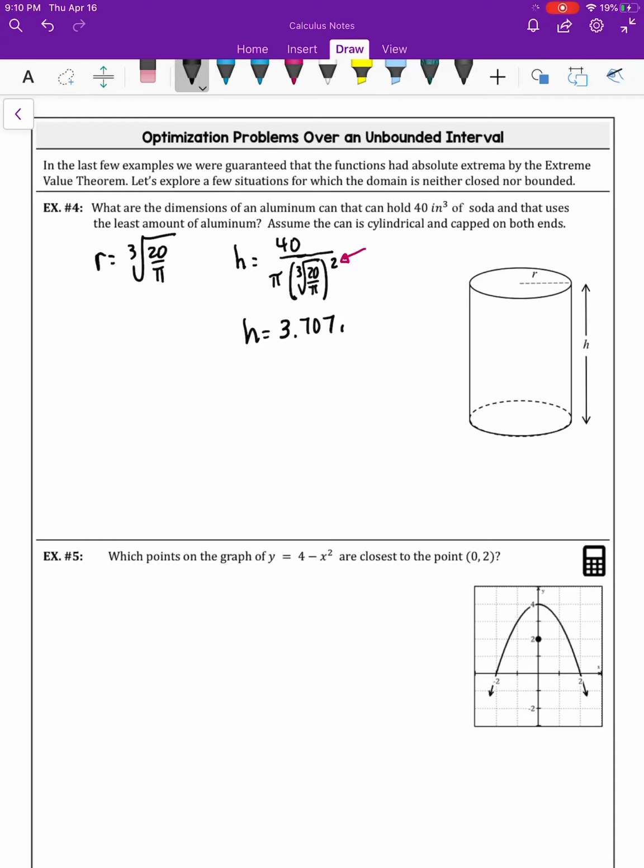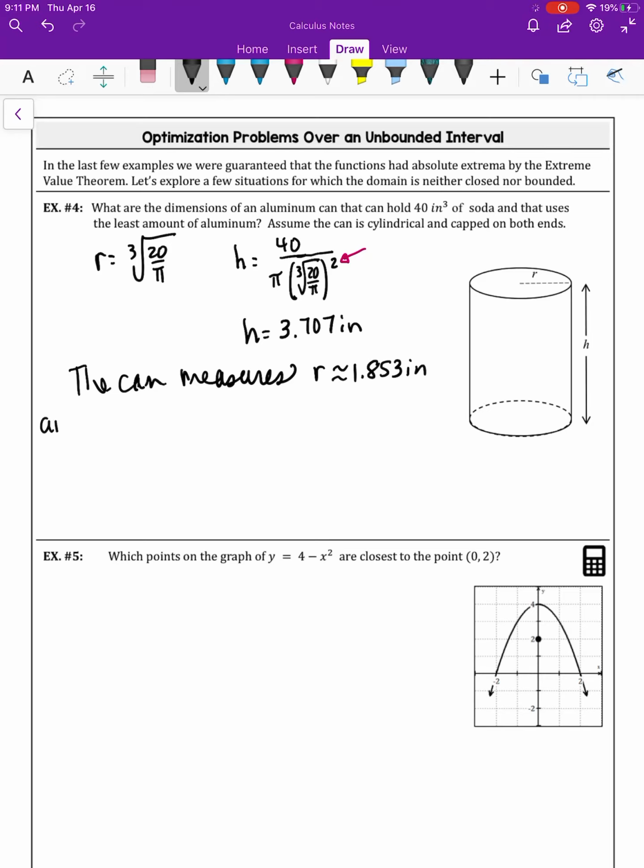On the last one, I forgot to put the square right there. So you might want to go back and fix that. The numbers were right. You still get 3.707 inches for the height. I just didn't write it down for some reason, so I wanted to make sure you saw that.